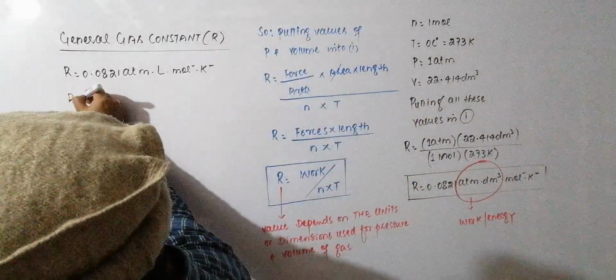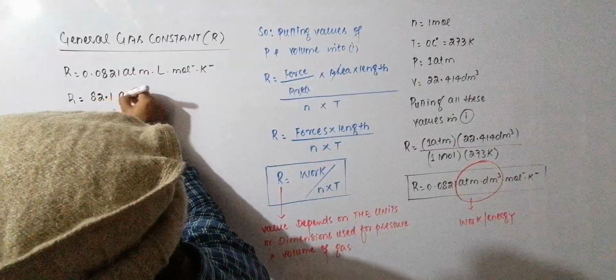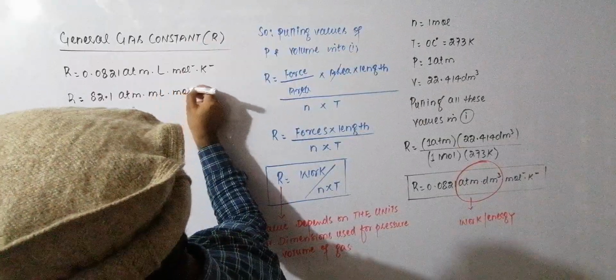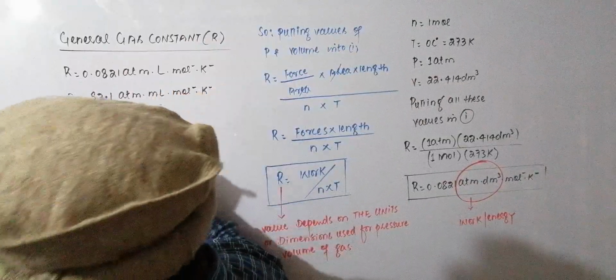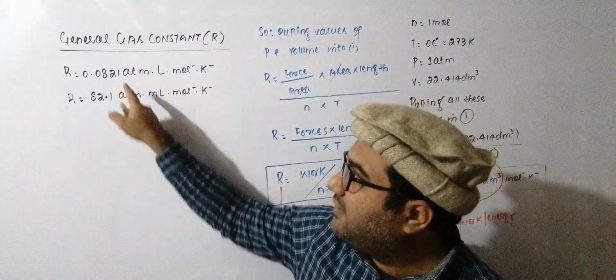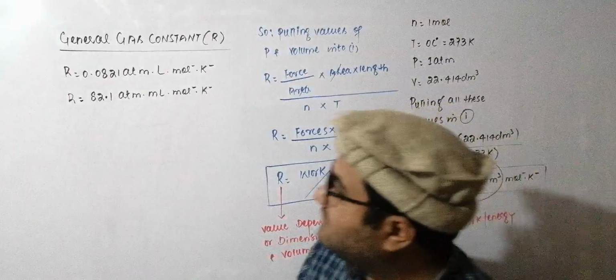Similarly, it is equal to 82.1 atm milliliter per mole per Kelvin, because 1 liter is equal to 10 raised to power 3 milliliter. So this value is multiplied by 10 raised to power 3 and we get the value in milliliters.